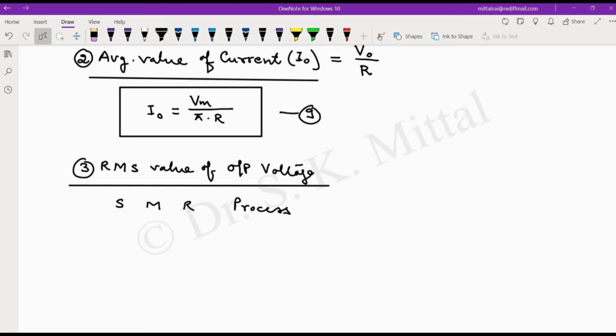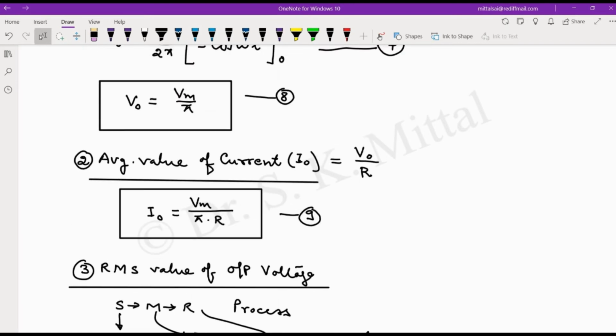That means the root mean square value of output voltage can be represented by the SMR process. S means squaring, M means taking the mean, and R indicates the square root.